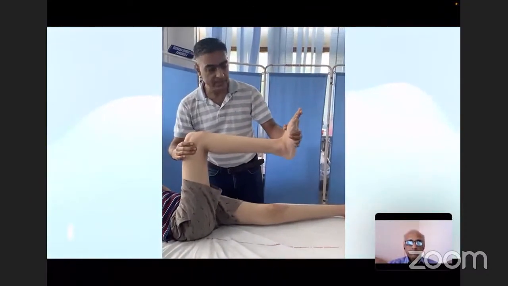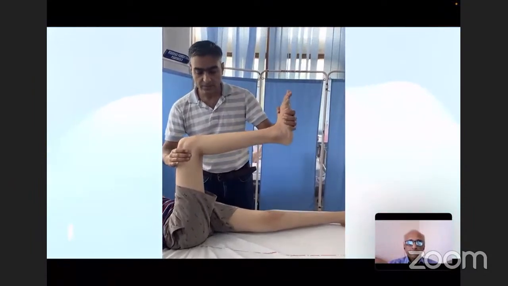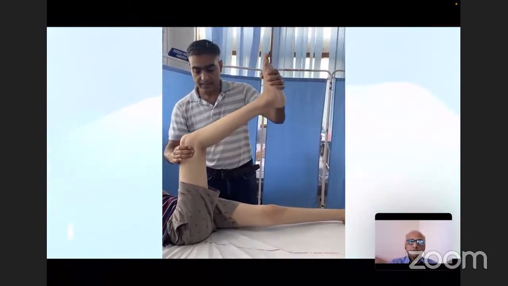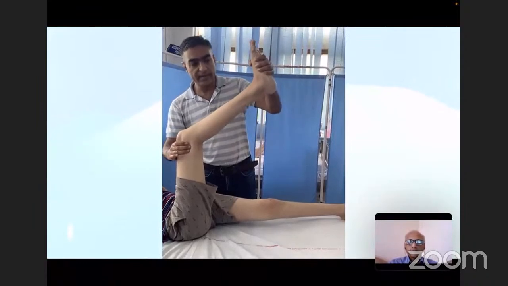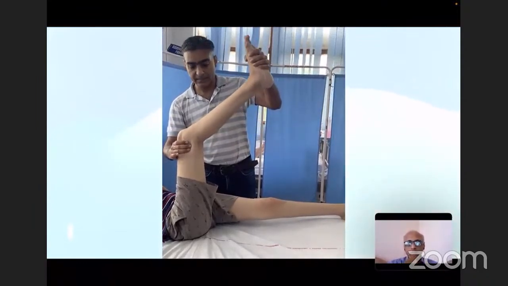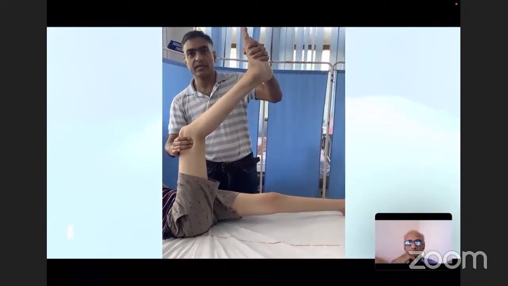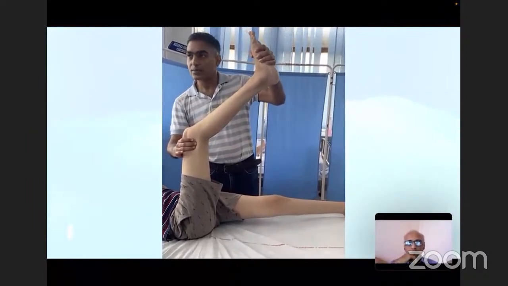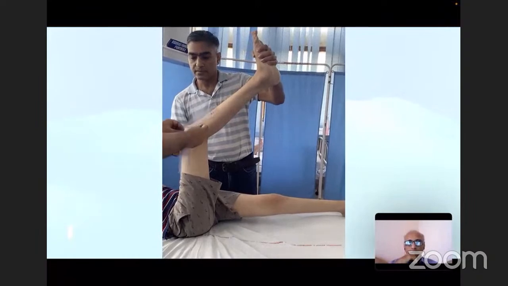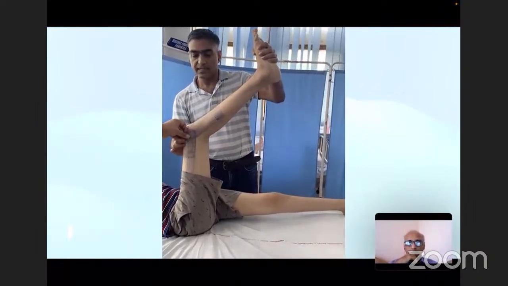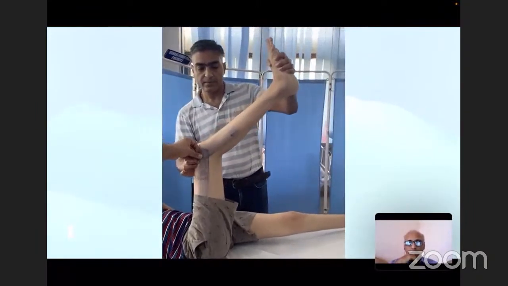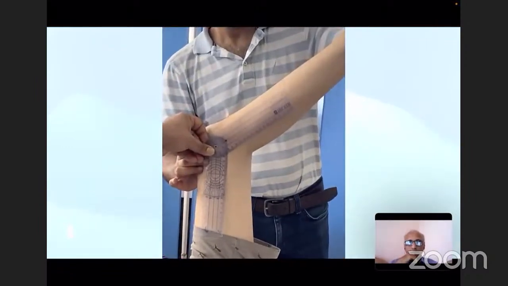That is, the hip has been flexed to 90 degrees with the other limb extended, and I give gentle pressure for knee extension. And when I get the point of first resistance, I ask my assistant to put a goniometer; a universal, wide, large, transparent goniometer should be used for this particular test.